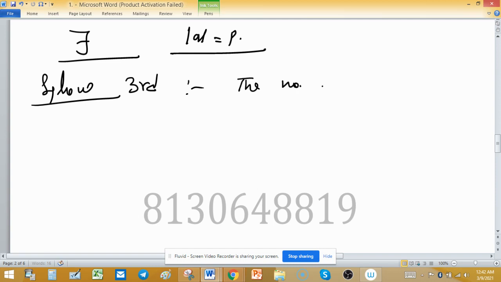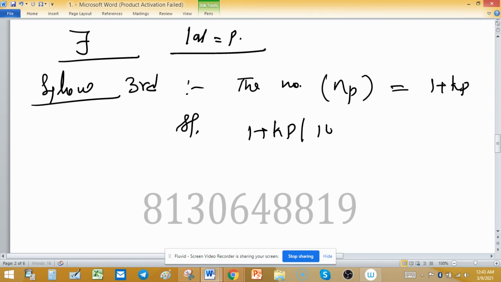The number of Sylow p-subgroups, denoted by n for number and p for p-group, is equal to 1 plus kp, such that 1 plus kp should divide the order of G, and k may be 0, 1, 2, meaning a non-negative integer.